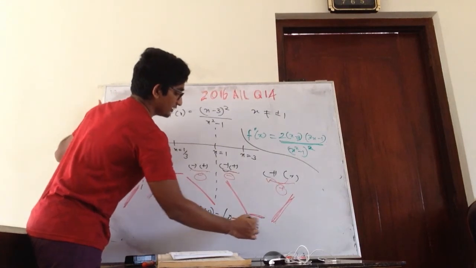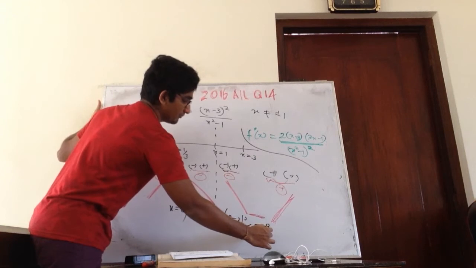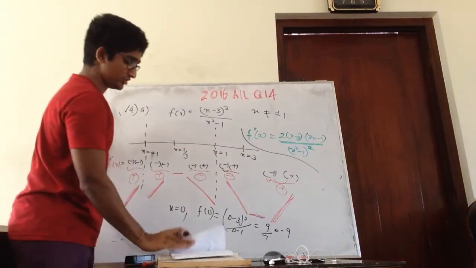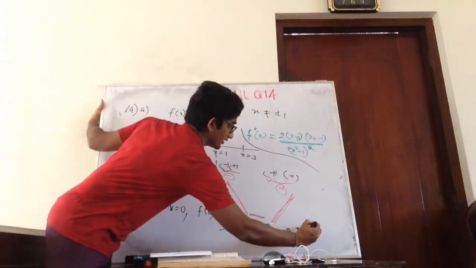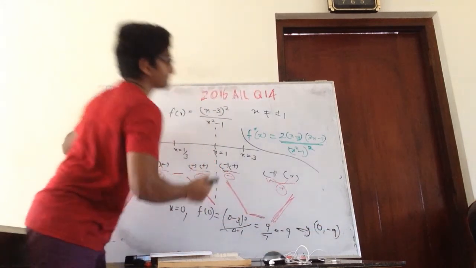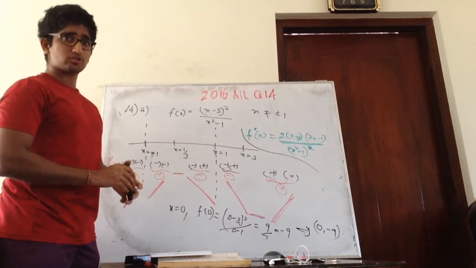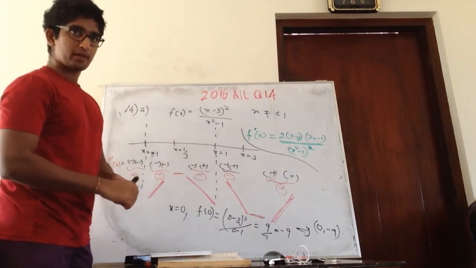So minus 3 squared is going to be 9, divided by minus 1, which is going to be minus 9. So (0, -9) is also a point. Correct? Right, so now we have found all the stuff that we need to draw the graph. Okay.